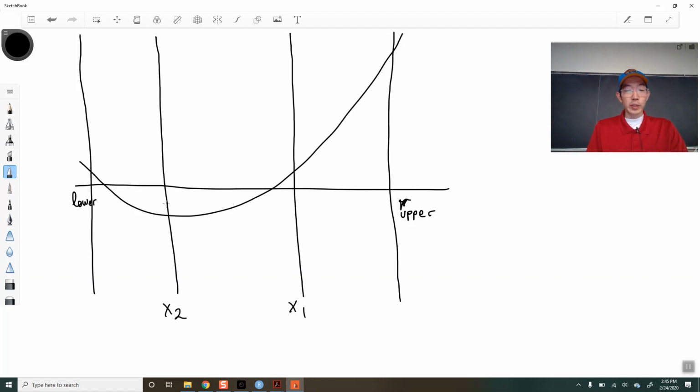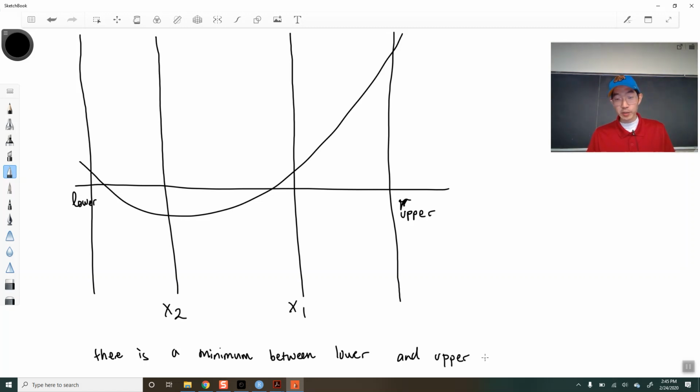And when we do this, we know that there is a minimum between the lower and upper bounds. I ran out of battery, that's what's going on.